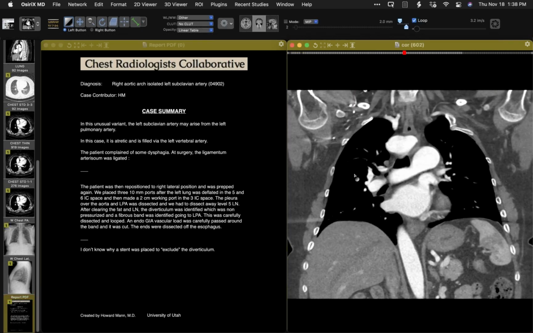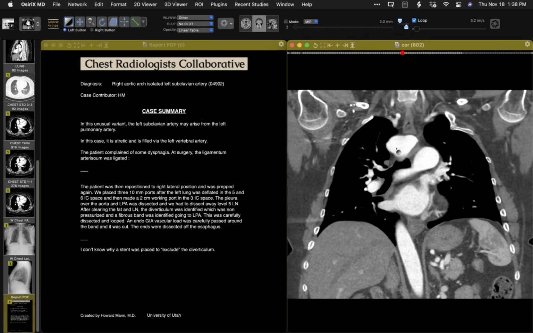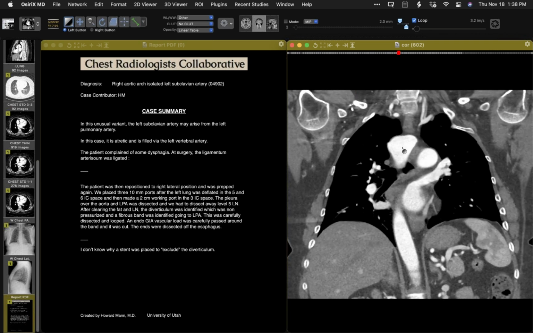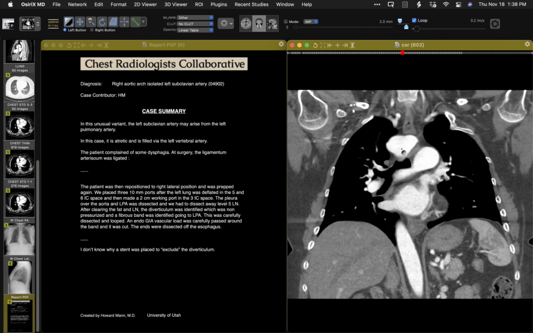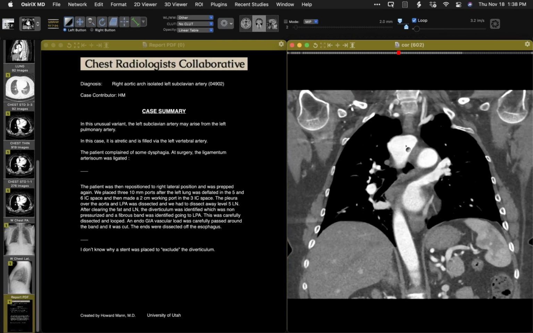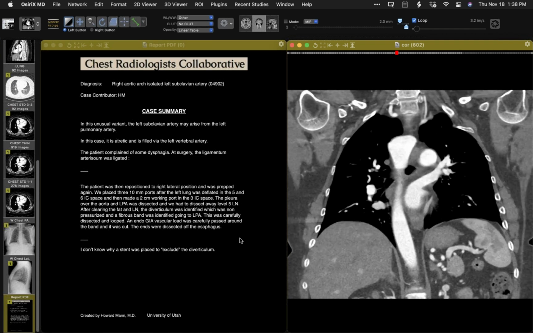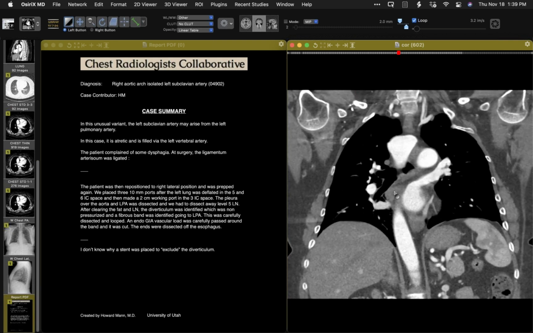Interestingly, and I don't really know why, they put an endovascular stent here, distal to the aortic arch vessels, hoping, I think, to exclude this diverticulum-like structure and make it get smaller. I don't know if that's going to be successful, but they did see what they described as a band going to the LPA.